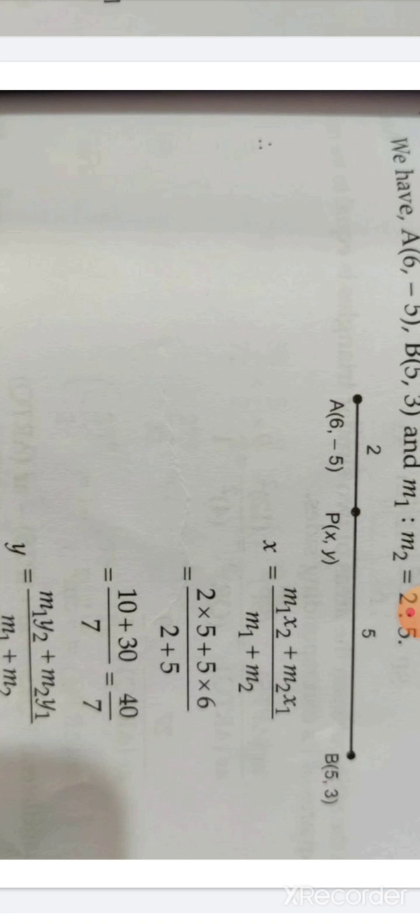So 2, that is m1, into x2 which is 5, plus m2 which is 5, multiplied by x1 which is 6, in division 2 plus 5, that is m1 plus m2.